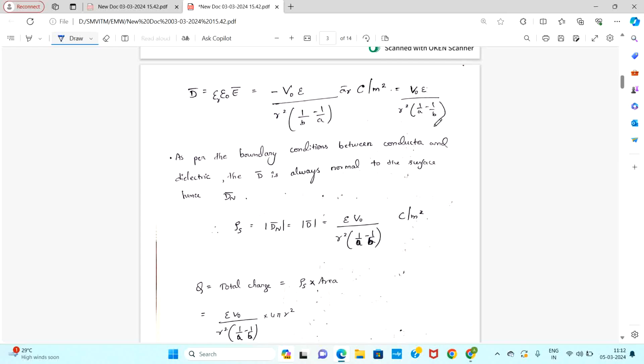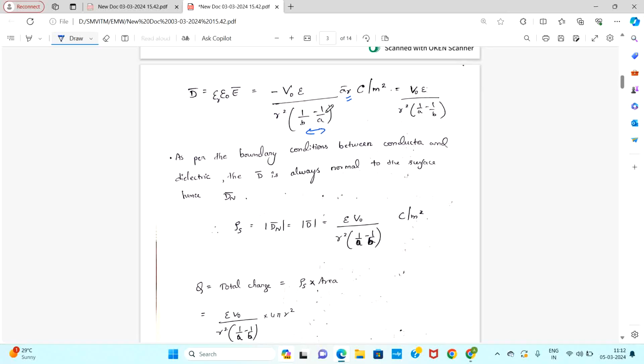Okay, if I take the magnitude of this, you see it has a direction AR, right? So I will ignore the direction and I will take only the modulus of this magnitude. So plus minus also becomes plus here when I consider the modulus of it. Okay, so hence I'm getting rho s as only epsilon V naught by R square into 1 by A minus 1 by B. This minus can be taken inside, so these two terms will interchange.